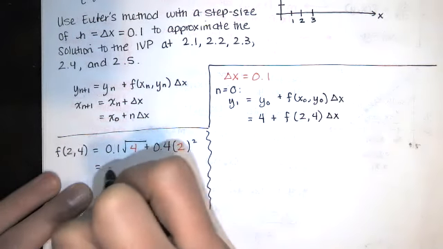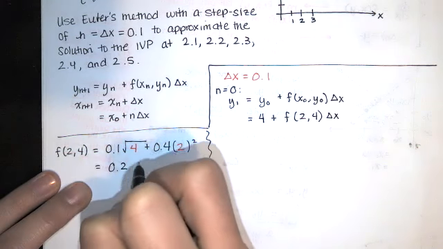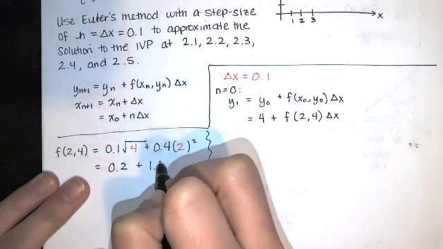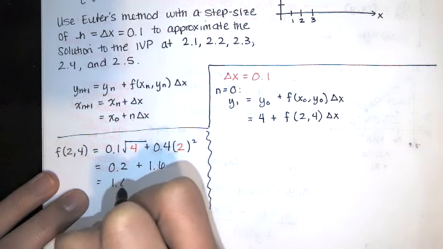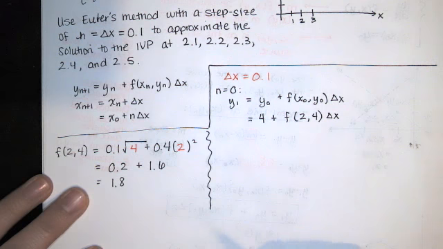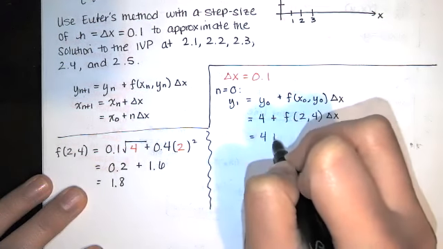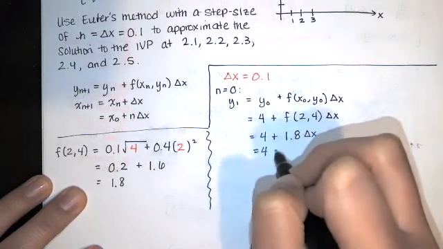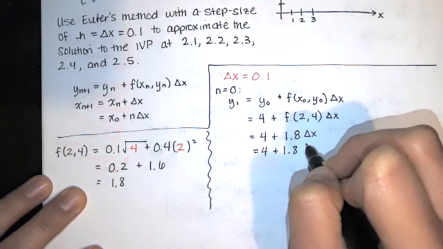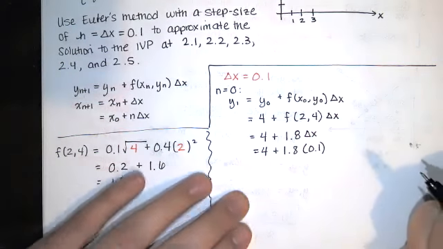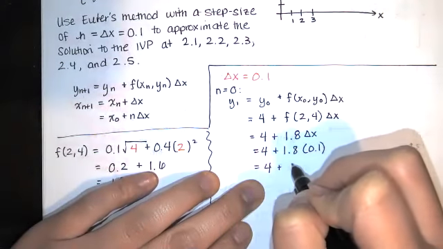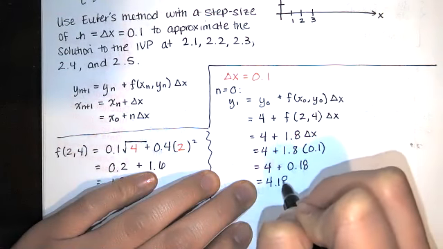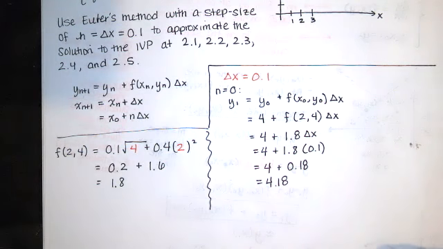Square root of 4 is 2, so I've got 2 times 0.1, which is 0.2, and then you've got 0.4 times 4, which is 1.6, and when you add those together, you get a slope of 1.8 at that location. So you've got 4 plus 1.8 times delta x, and delta x is 0.1. So you've got 4 plus 0.18. So y sub 1 is 4.18.